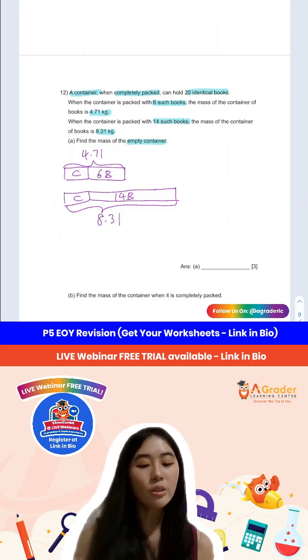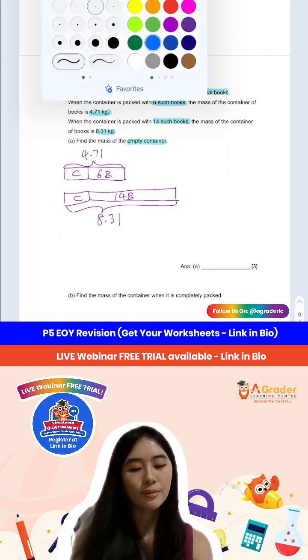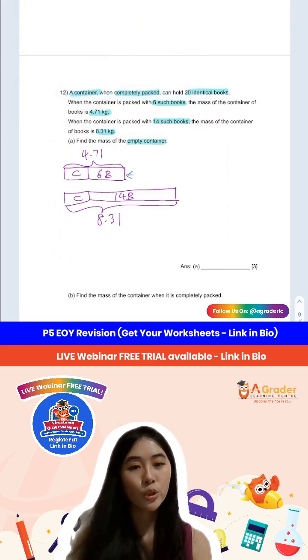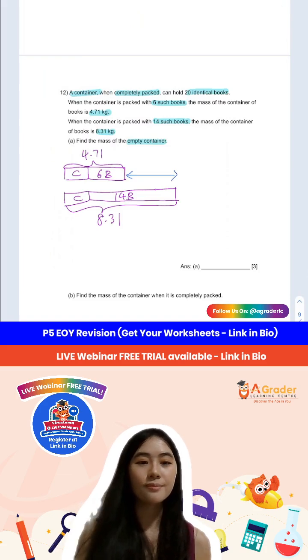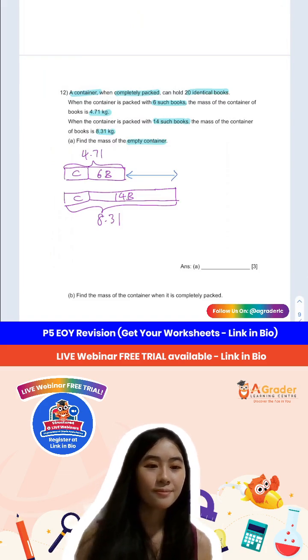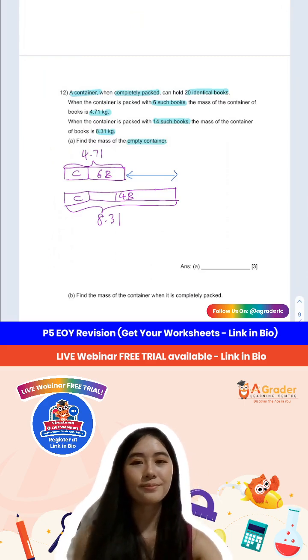Yeah, so based on this model, you can do some calculation, right? What can you tell from this model? When you compare these two models, what can you tell? Anyone?